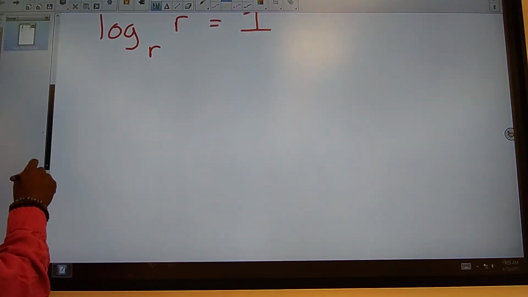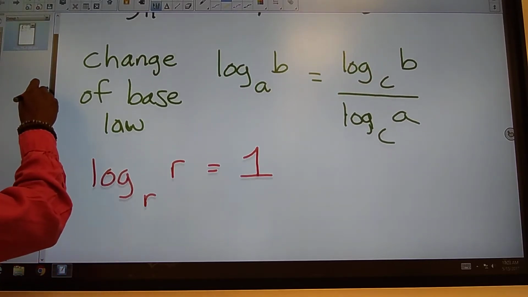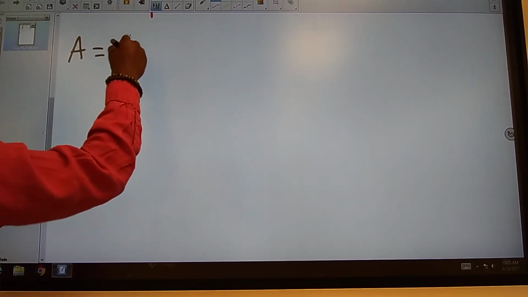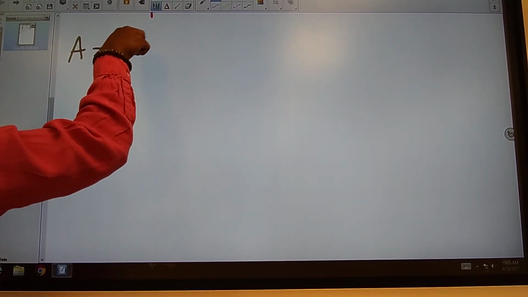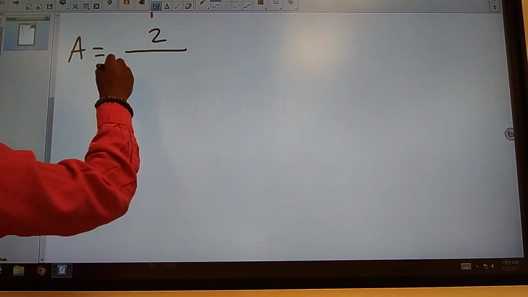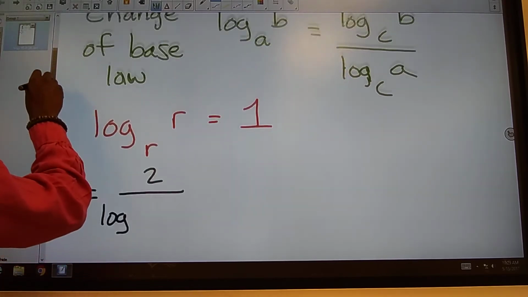So here we go. Going back, let me rewrite the original equation, which is this one. So we have a equals 2 over log base, what was that, was that 11, the first one?